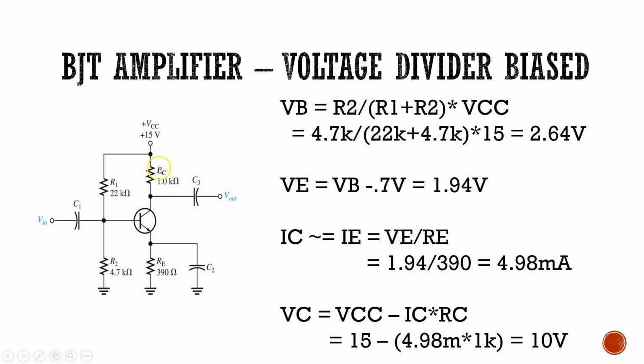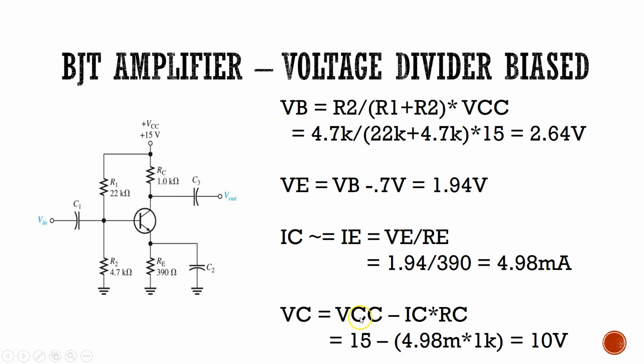To find IC, IE and IC are approximately equal to each other, so we can take our 1.94 volts divided by 390 ohms for 4.98 milliamps. Then to find VC, which is from the collector to ground, we just subtract the voltage across this resistor.